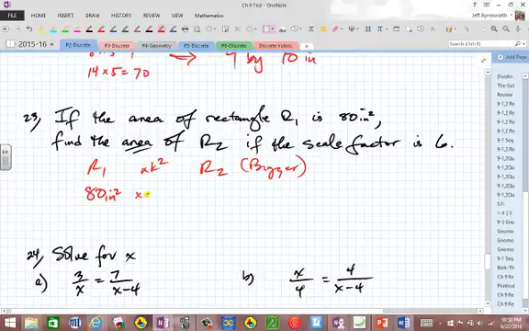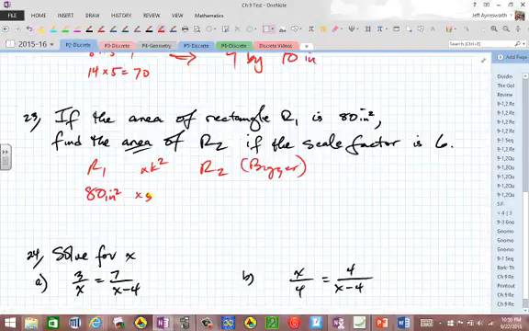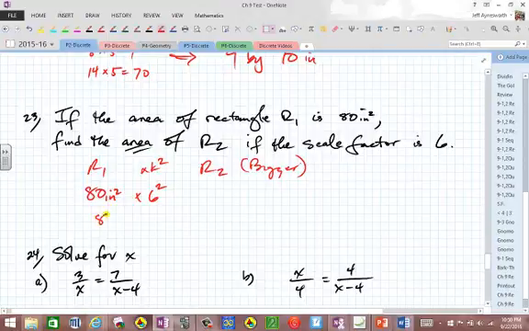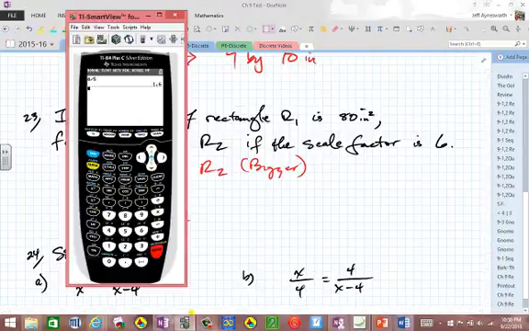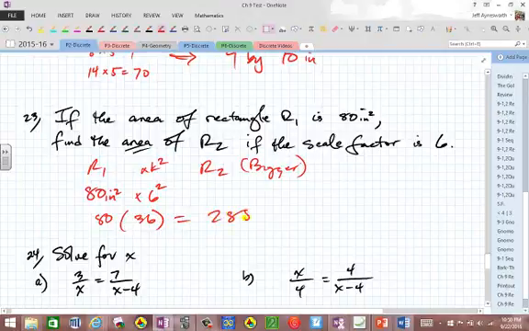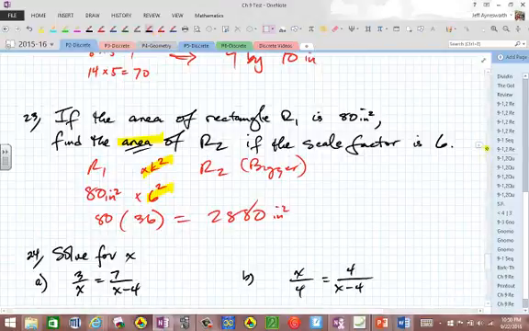So times 6 squared, that's 80 times 36, which is 2880 square inches. That's the key right here: times k squared for the area. This is an area problem, not a dimensions problem. Look in your notes, we did the same thing.